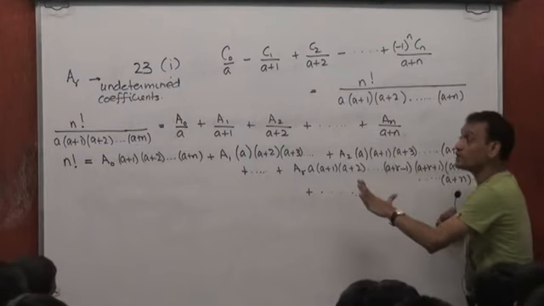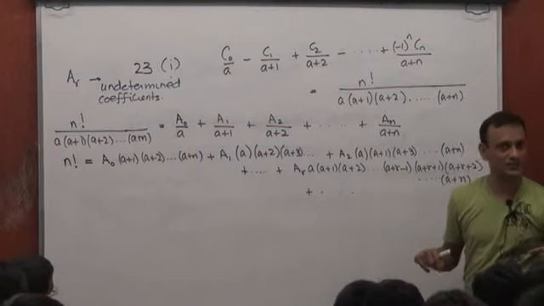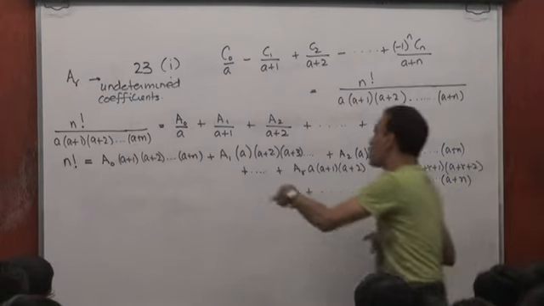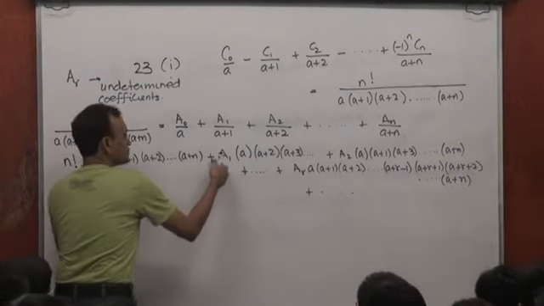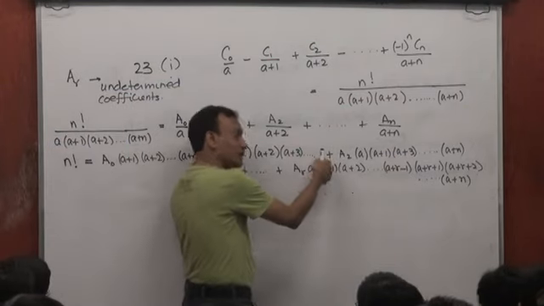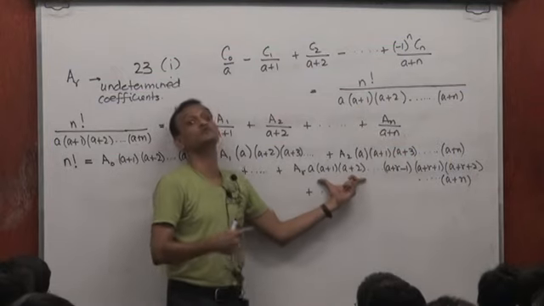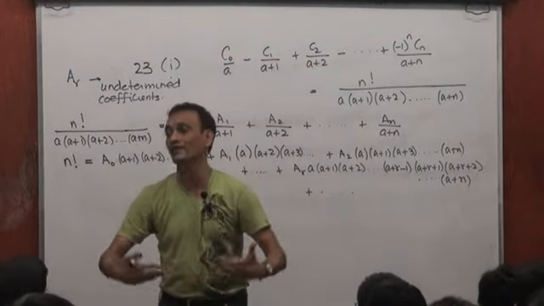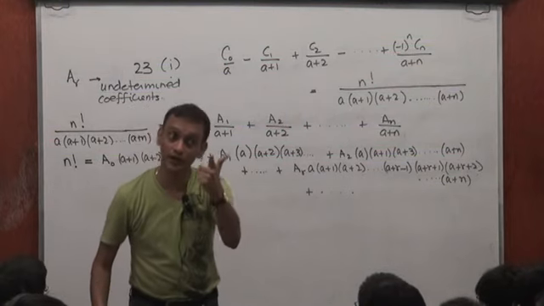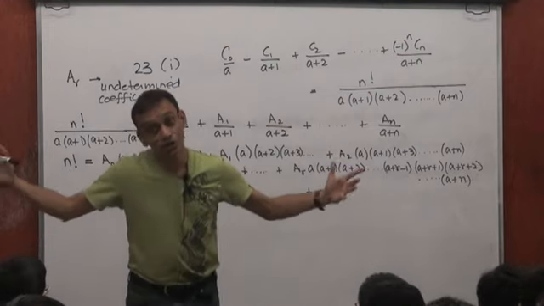So if this is an identity and if I plug in A equal to minus R on both sides, all other terms will become 0 because each has a factor A plus R. Except this term, this would be the lone residual term when I plug in A equal to minus R on both sides. Yes or no? Right? So that would be the key to solving the problem. Plug in A equal to minus R.